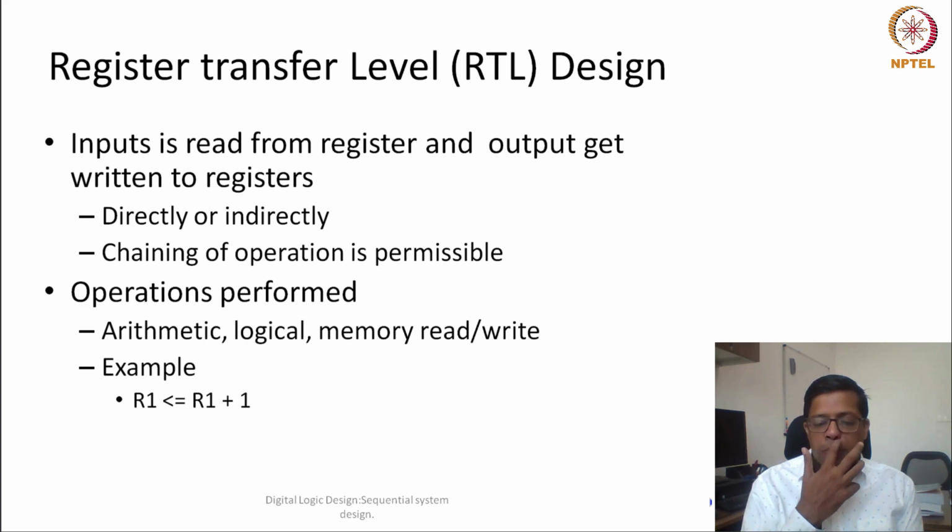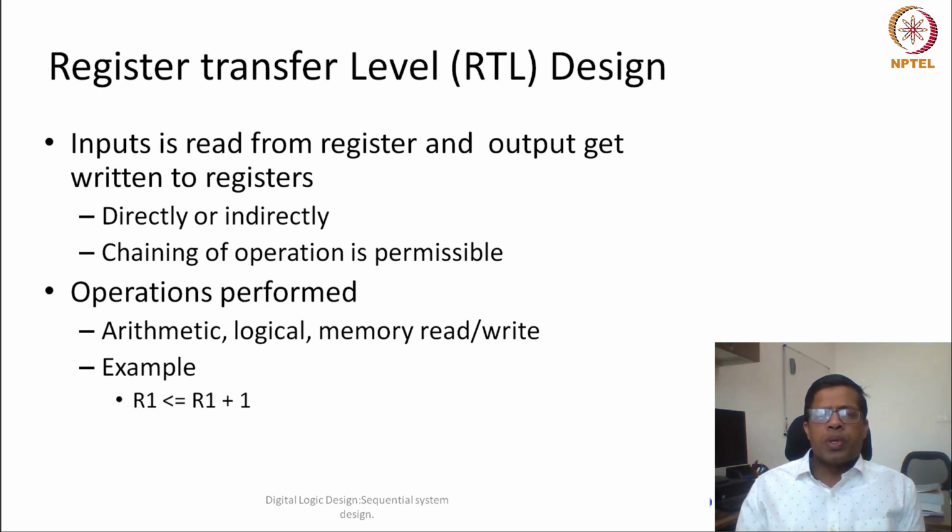Although we have classified memory as a mix of combinational and sequential design, when we are reading from memory, it is still treated like a combinational design, because the data is stored there. We use multiplexers and decoders to go to that location and read the data.